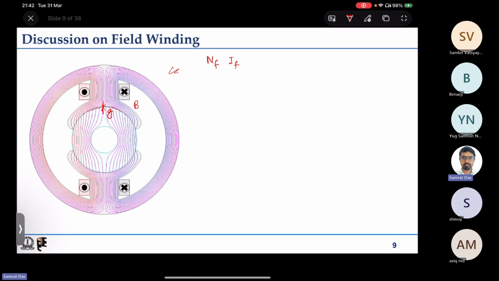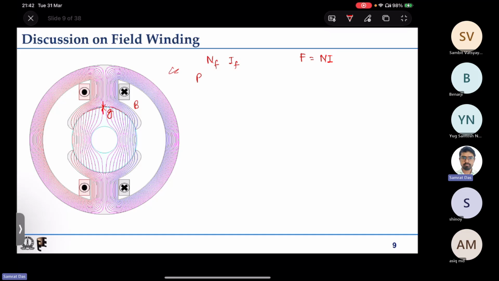If we have decided on the maximum flux density B and the air gap G, then obviously we have decided on the flux, because the areas and other things are constant. The total mmf, say mmf F equal to Ni.